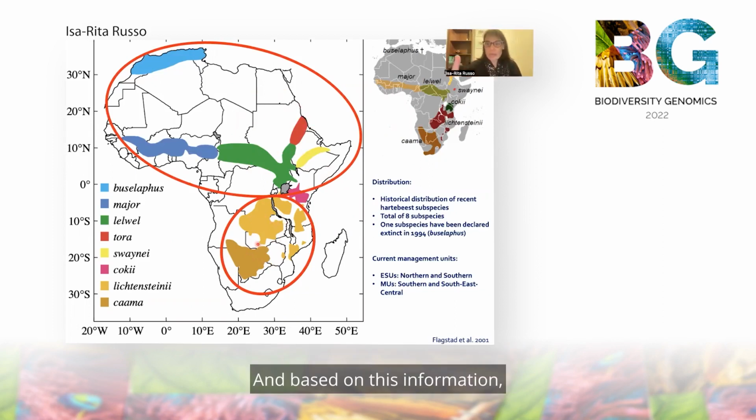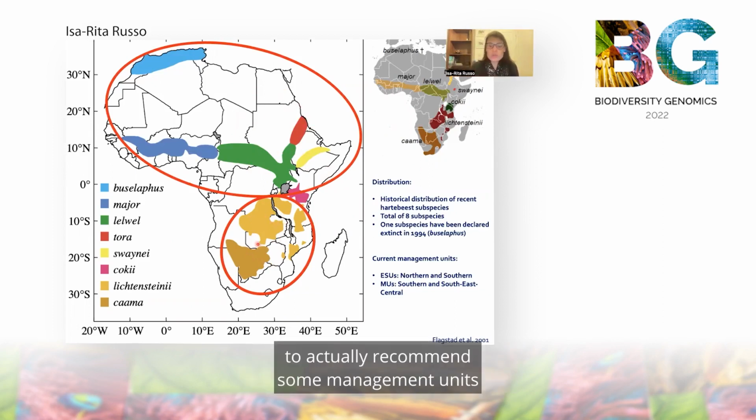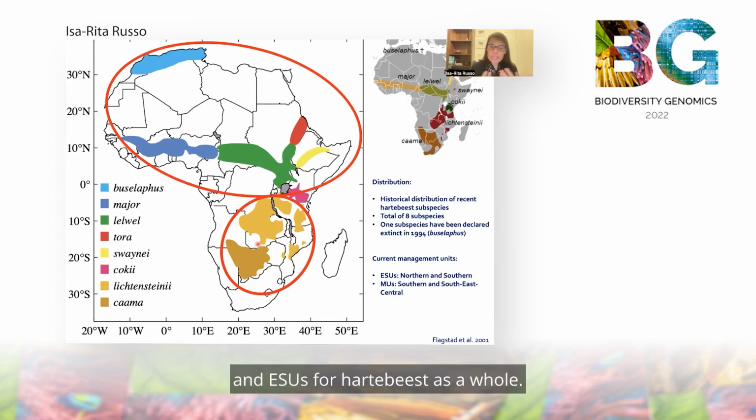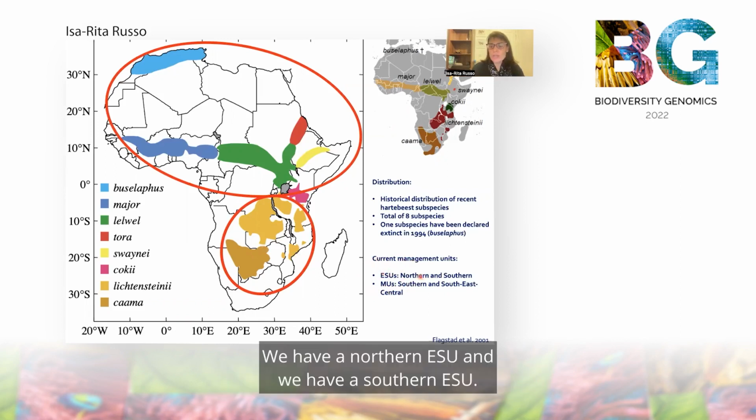And based on this information, we were then allowed to actually recommend some management units and ESUs for hartebeest as a whole. So in our current guidelines, we basically said we have 2 ESUs. We have a northern ESU and we have a southern ESU.